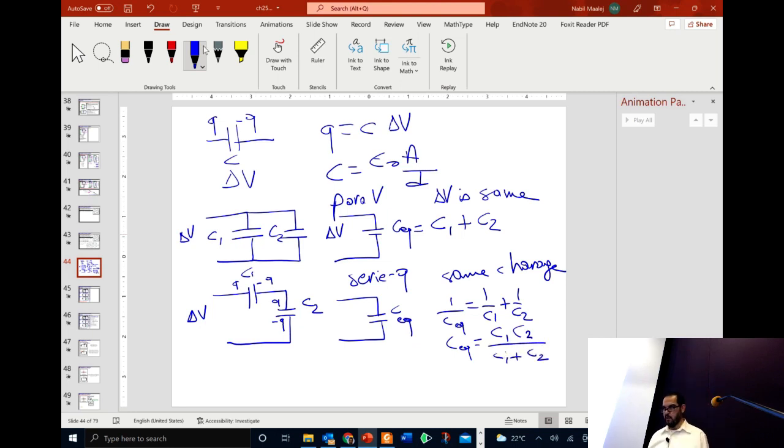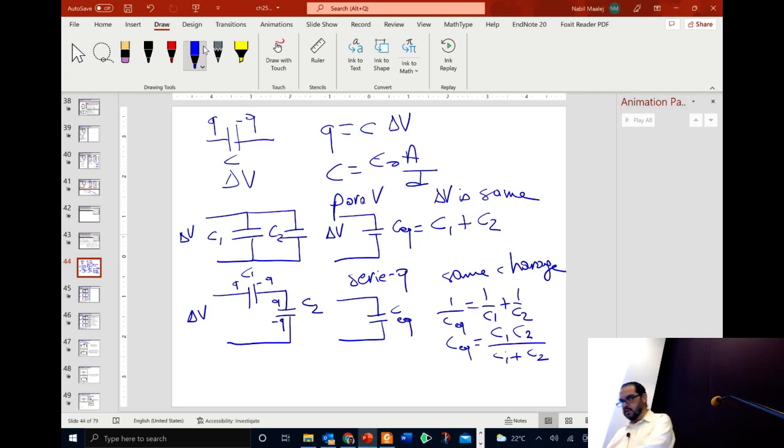And we solved a couple of problems where we calculated the equivalent capacitance. If you get the equivalent capacitance, you can work backwards to determine the charge and the potential difference across every capacitor in the circuit.